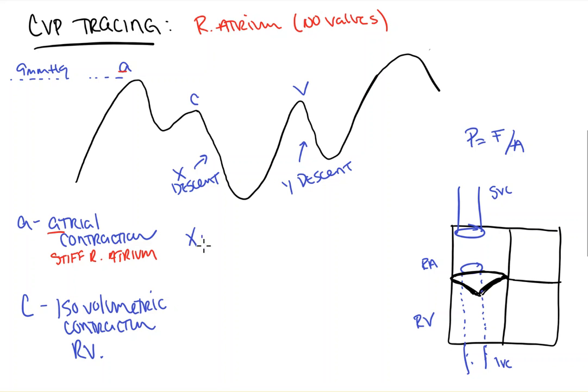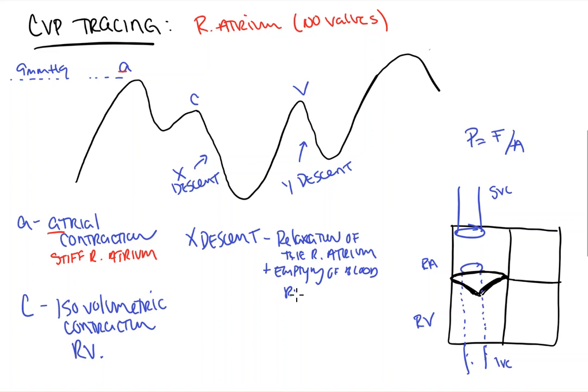Next, we have our X descent. This is representative of two things: relaxation of the right atrium, as well as emptying of blood from the right ventricle.